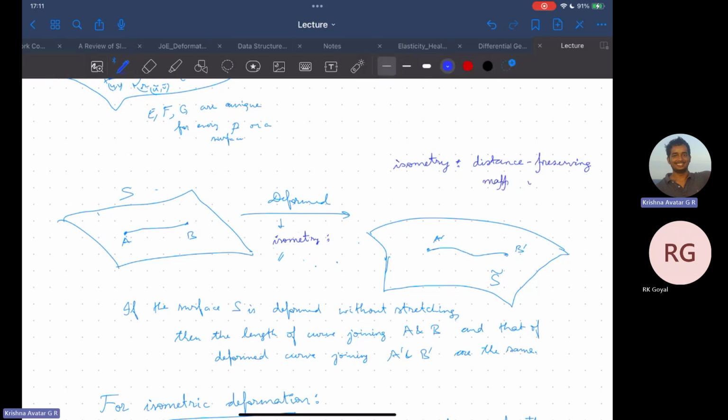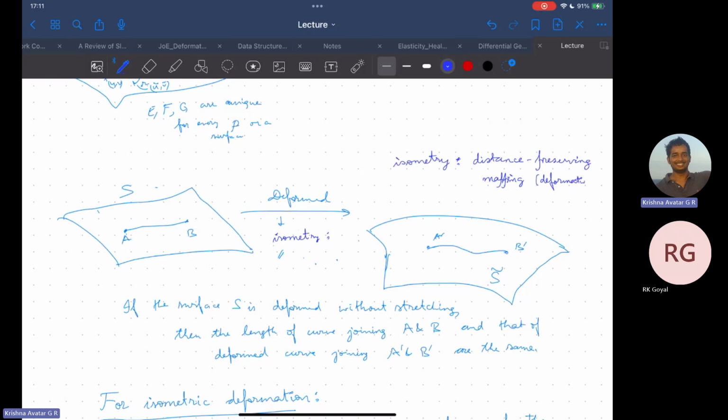So from an engineering perspective, or say from an applied mechanics perspective, we would always like to use the word deformation, because we see a surface as some sort of a very thin body, which, as you apply loads over it, deforms. But mathematically speaking, they represent a mapping from one configuration to another configuration, right? So if this phi maps from here to here, so let me call it a bigger phi, right?